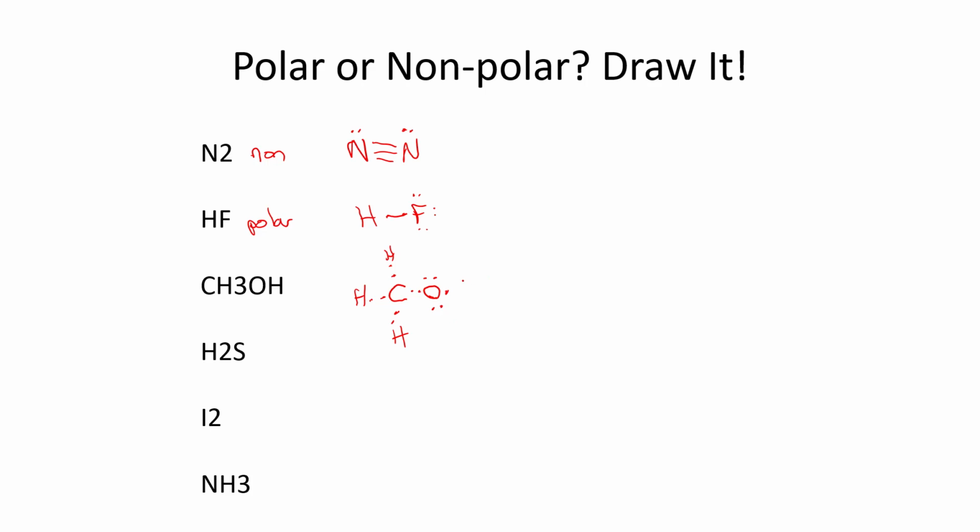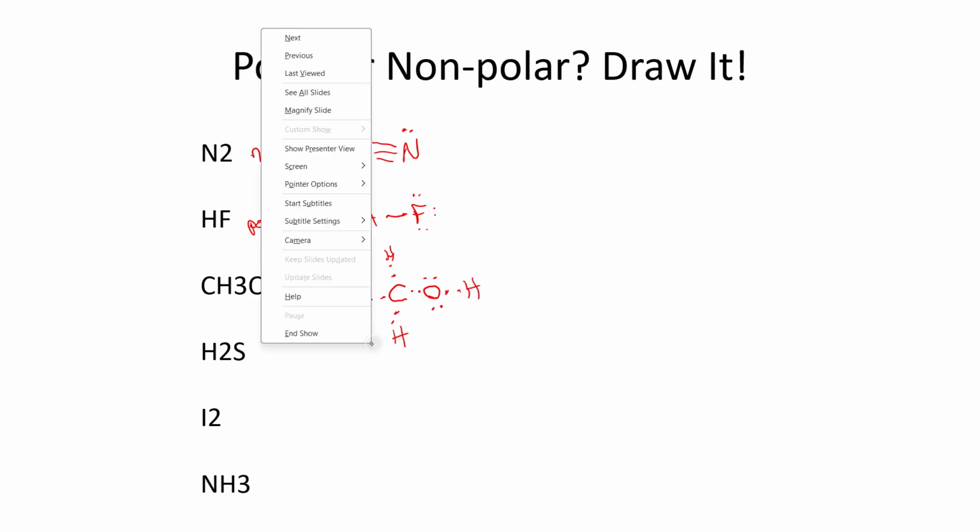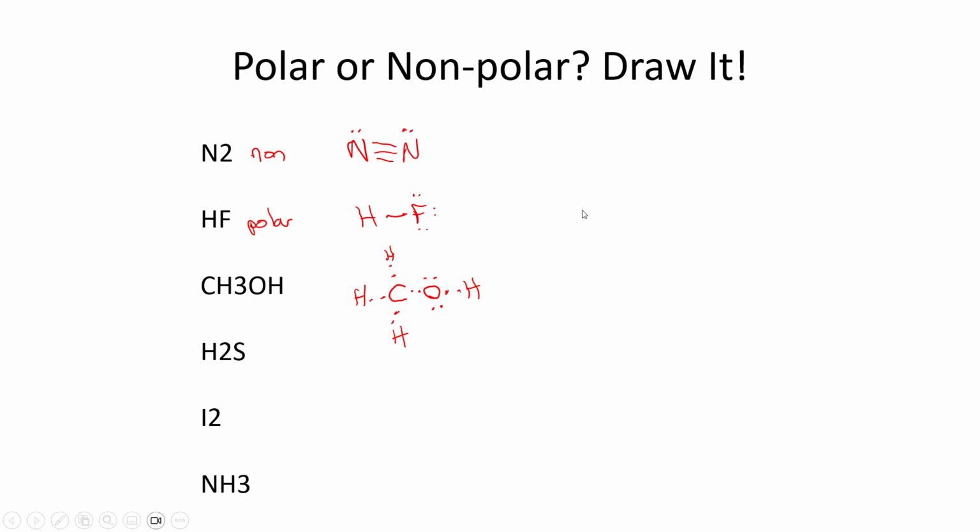And we have an H. Now we connect the dots. Connect this, this, this, here, and here. So this group and this group are not even. Nothing about this is even, so this is definitely going to be polar.